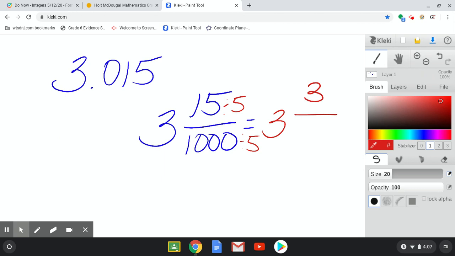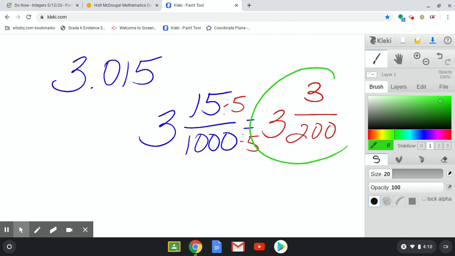So 1,000 divided by 5 is going to give me 200. So right now I have 3 and 3 over 200. Okay, so now 3 and 200, they are not divisible by the same number, so this would be my final answer. I would have 3 and 3 out of 200 for my final answer.